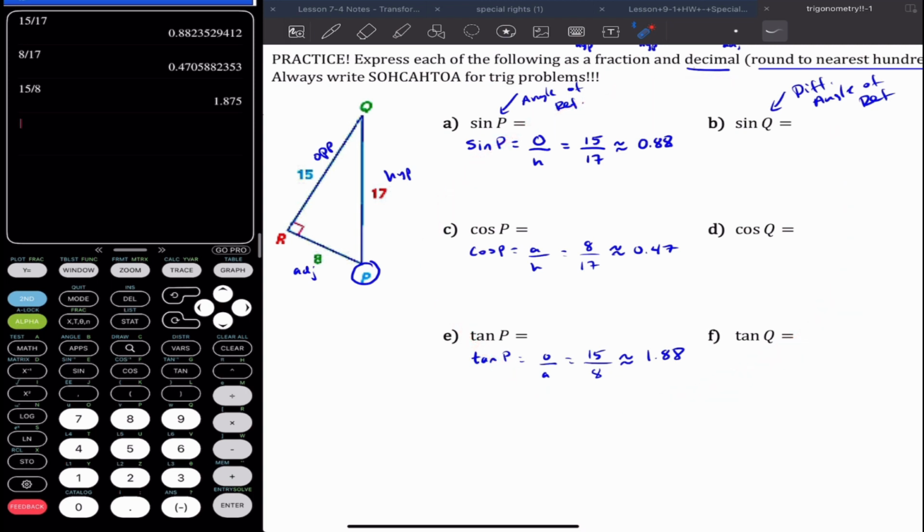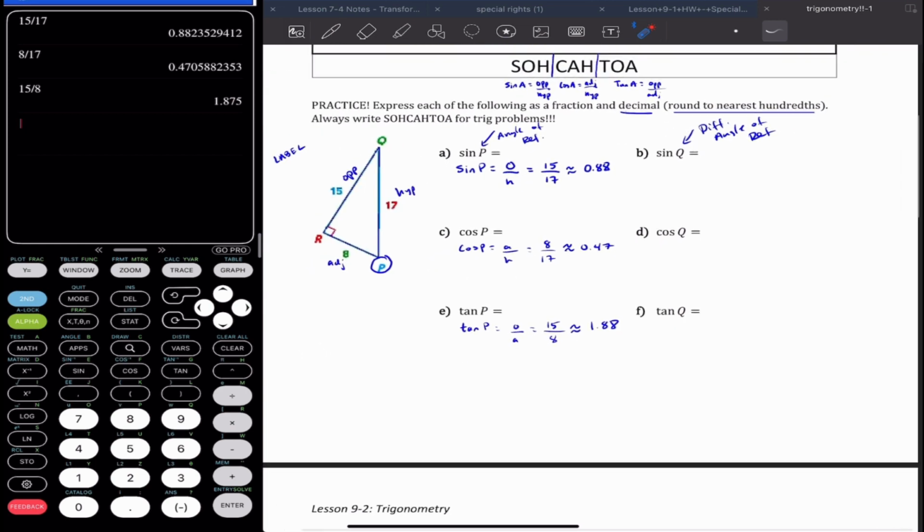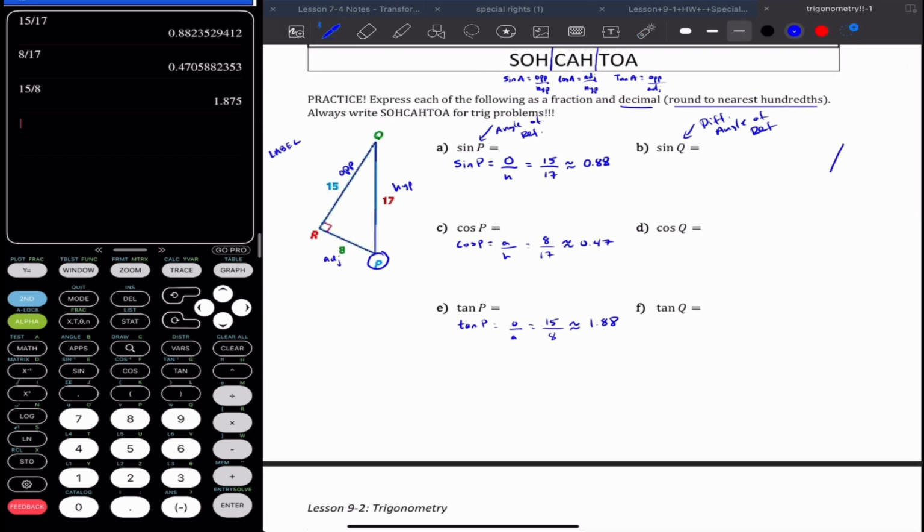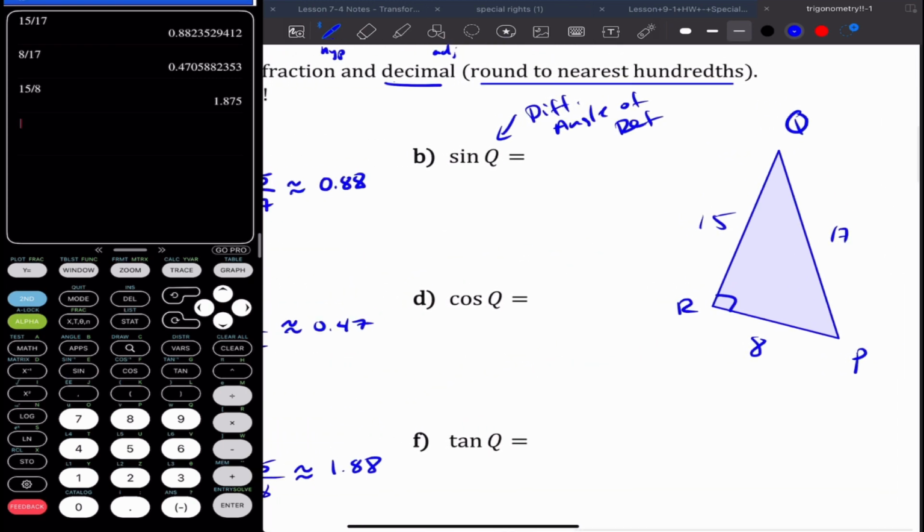So instead of confusing things, and having to relabel everything because we have a different angle of reference, I'm just going to redraw this picture. So here's my right triangle, and this is Q, R, P. It's a right angle, 17, 15, and 8. Okay, there you go.